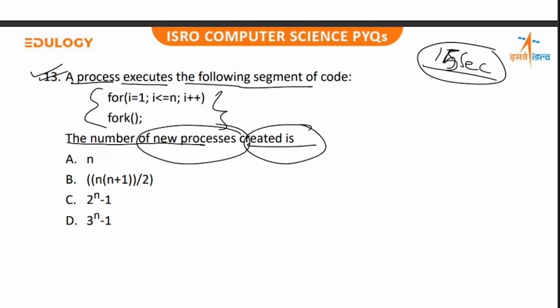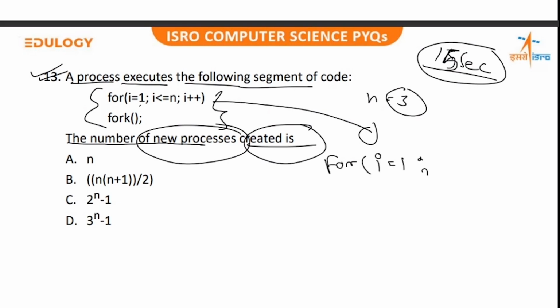Now what do we have to do? Simply put n equal to 3. So what will happen? See here: for i equal to 1, i less than or equal to n, and i plus plus.